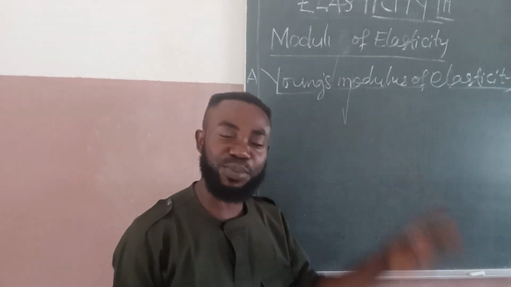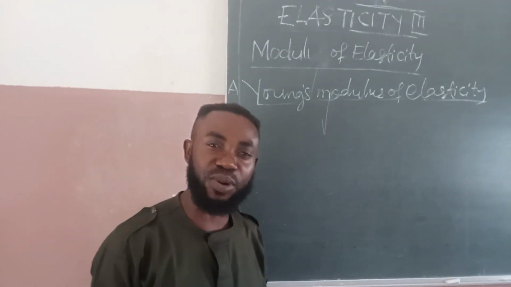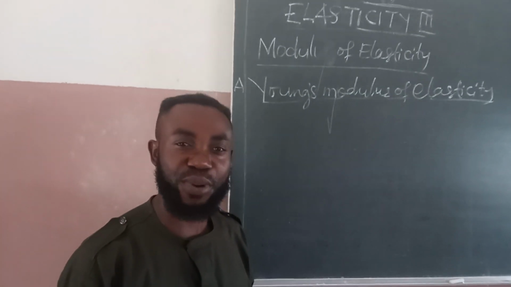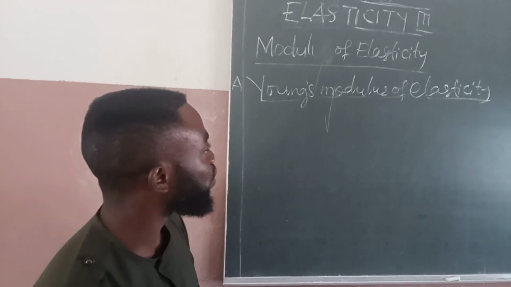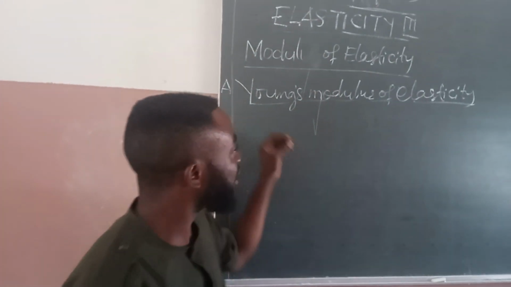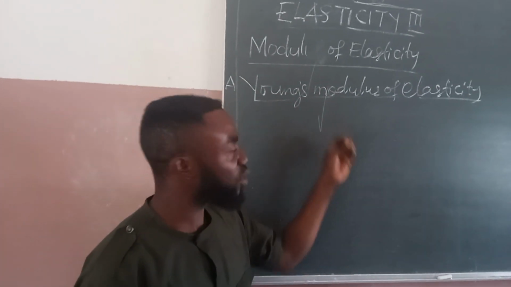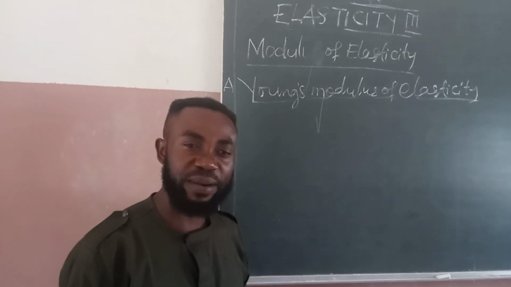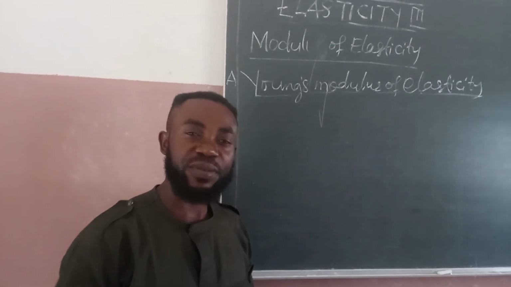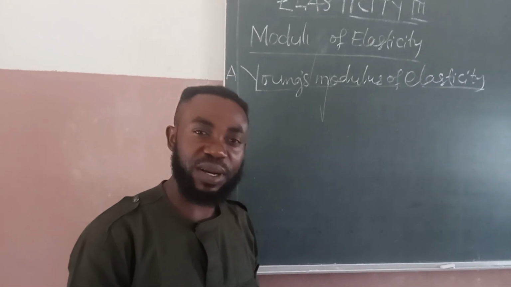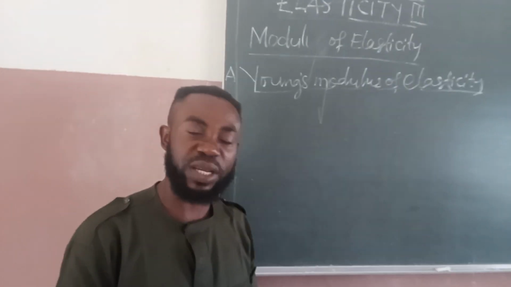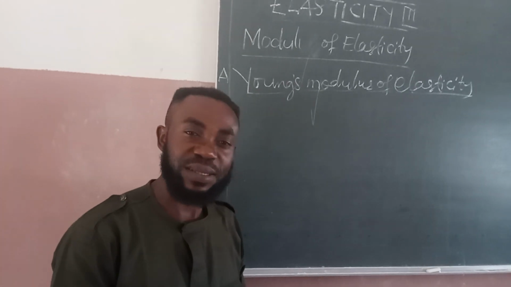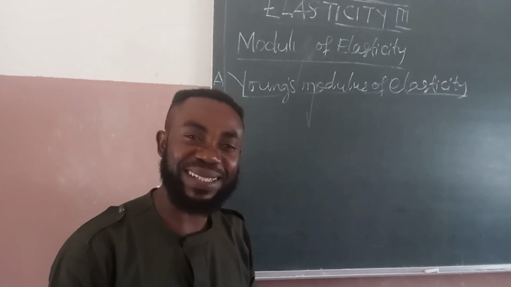They are Young's modulus, Poisson modulus, shear modulus, and then of course bulk modulus. We start with Young's modulus. Young's modulus discusses the strain, the ratio of the extension to length produced in a body by a compressive or stretching stress.